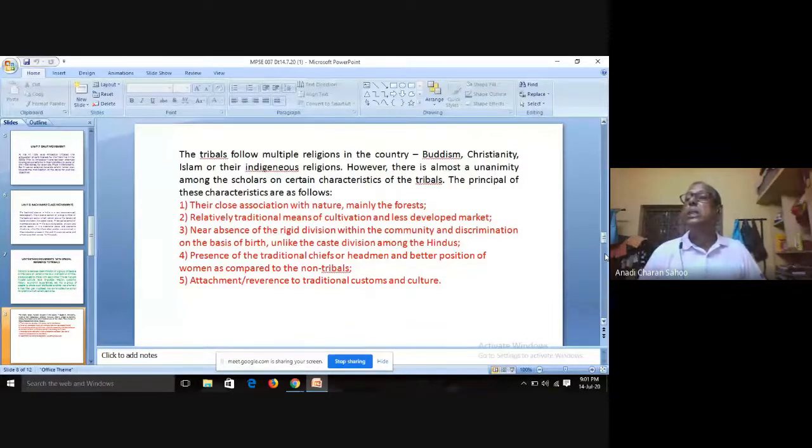Ethnic movements with special reference to tribals. The ethnic movements of the tribals of India. In fact, the tribals provide the most appropriate examples of ethnic movements in the country.